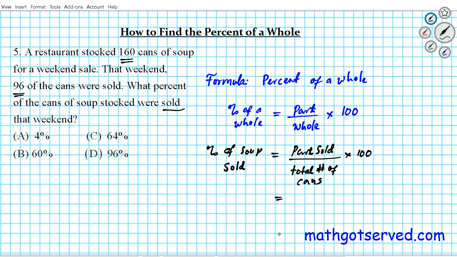Let's input the numerical values into the formula so we can compute the answer. We have part sold, which is 96, divided by total number of cans, which is 160. That will be multiplied by 100 to convert it into percentage.